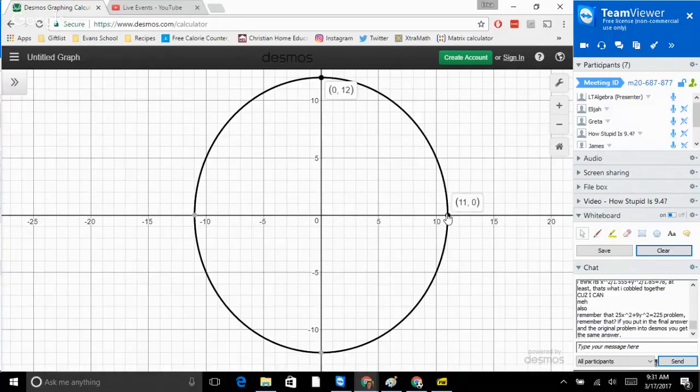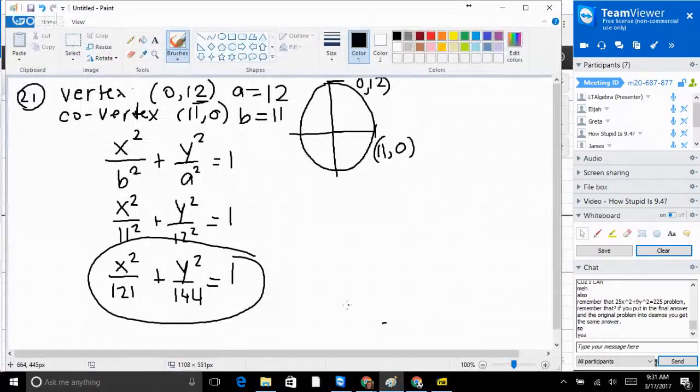Yeah, that's true. And Elijah, you should get the same answer for both those because you're just reframing the equation. Well, if we really wanted to have some fun and find where the foci are, what would it be? Just a good review. It would be c squared equals a squared minus b squared.